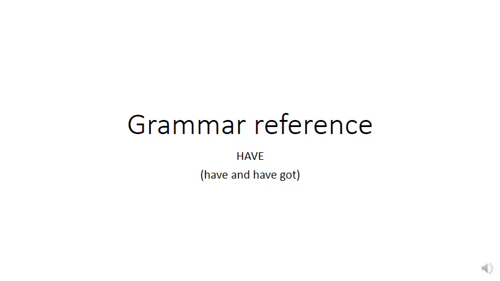Only forms of have, not have got, are used in all other tenses. Of course I mentioned and confirmed that have got is only used in present possession and present obligation. It cannot be used in any other tenses, only these two.